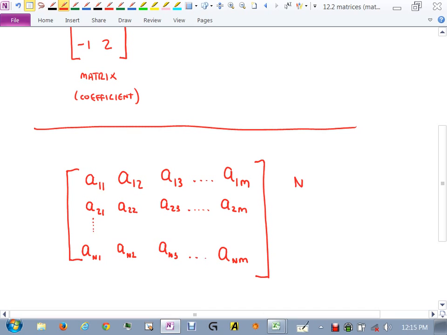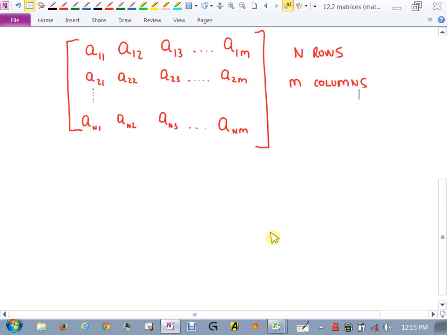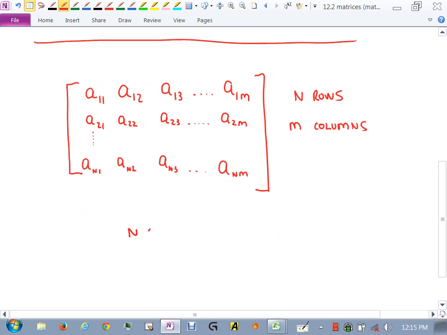This is N rows, M columns. So this, what we call this right here, would be called an N by M matrix.